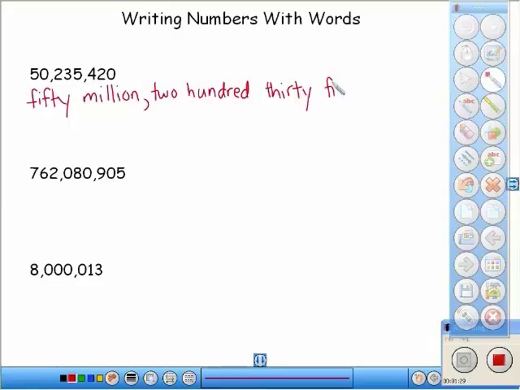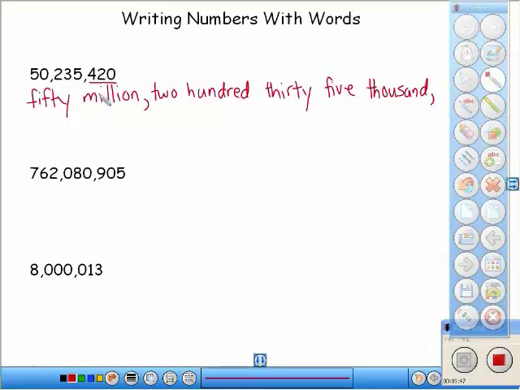Then I'm going to say the place that it's in. 235, and what place is that in? That's in the thousands. So 235,000, and then we'll say comma, because there's a comma in the number, and then say the number.